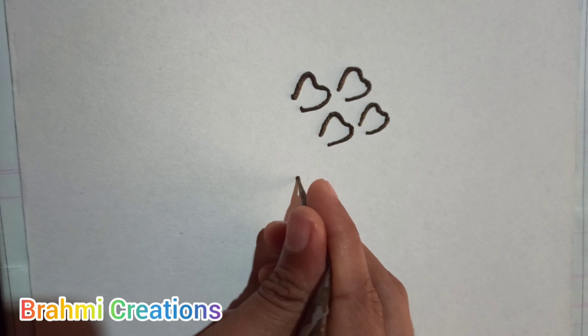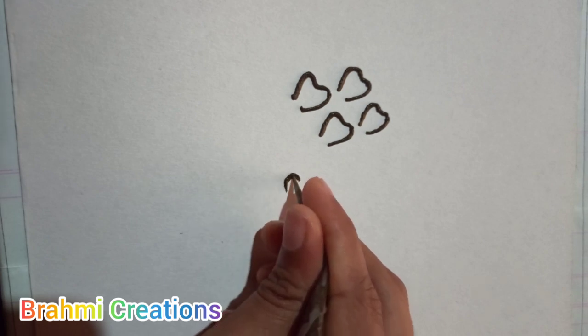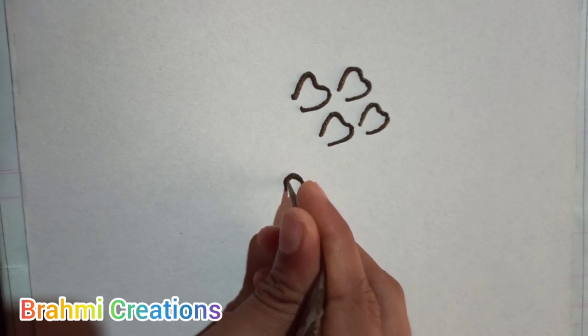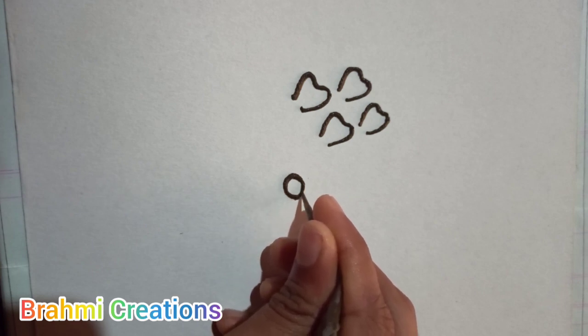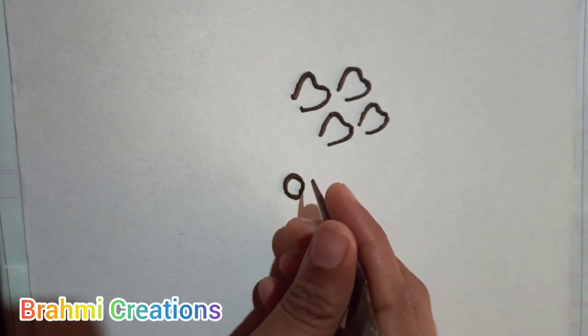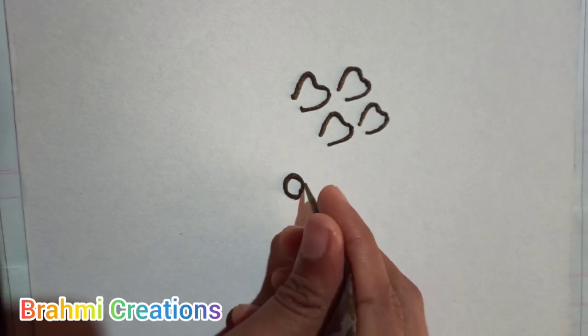Just draw one circle. Like this. We are using this petal over circle.